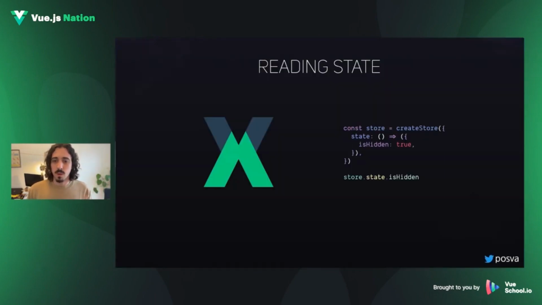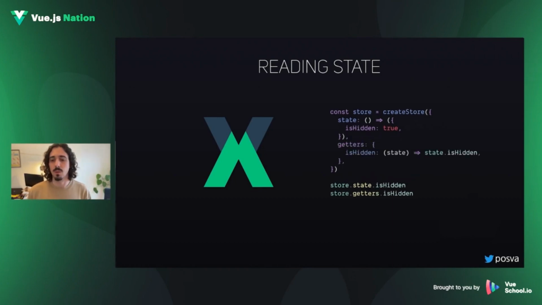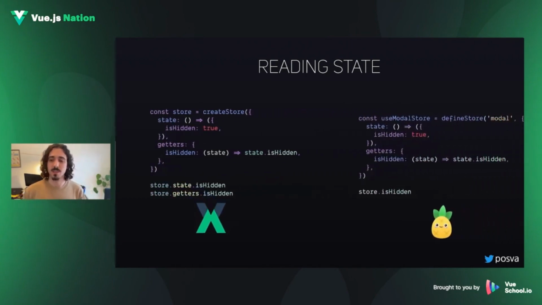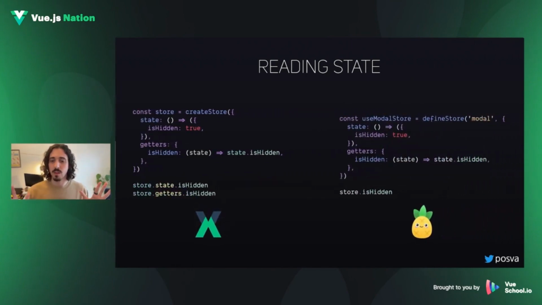To give you an example, when we read state in Vuex, we can read the state through the .state property. So we read it through store.state.isHidden. And when we add a getter, the getter can have the same name as the state, and we read it through .getters.isHidden. Now in Pinia, that's not the case. We have everything through the store.